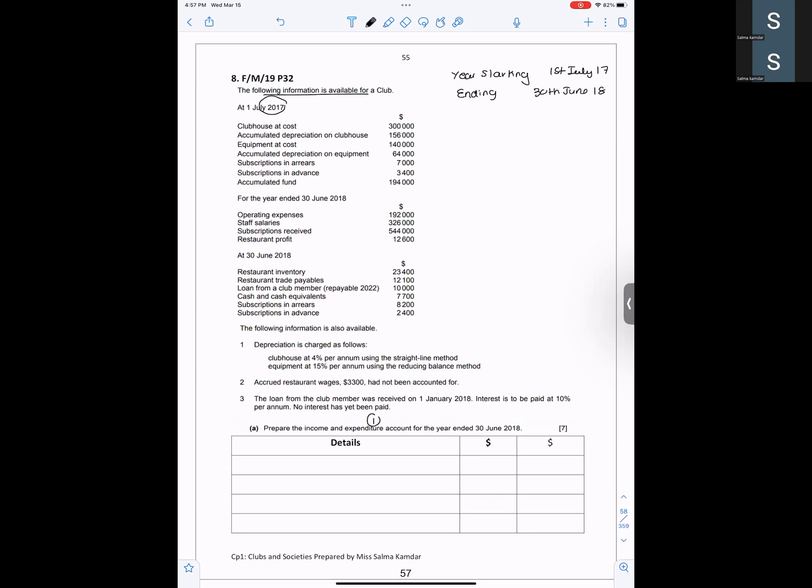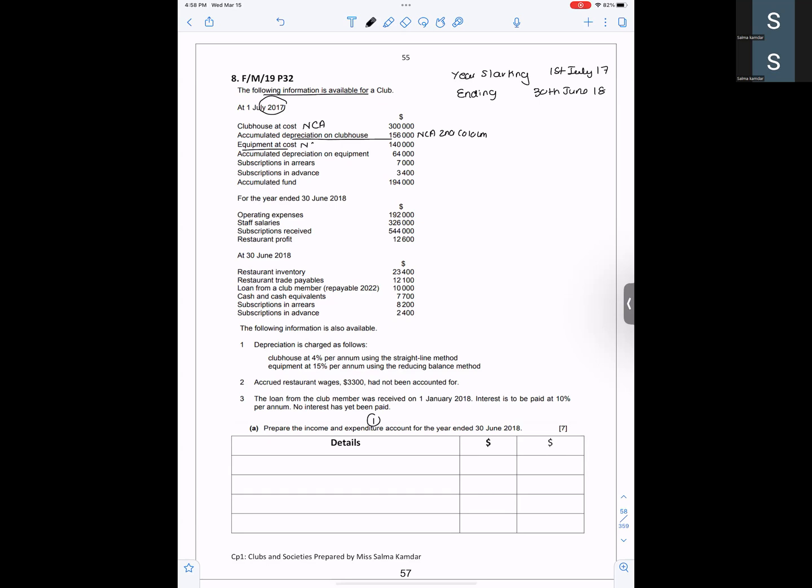I have my clubhouse at costs, which becomes my non-current assets. Accumulated depreciation, that means the depreciation that is charged up to the date. It will be NCA second column. I have my equipments at costs.